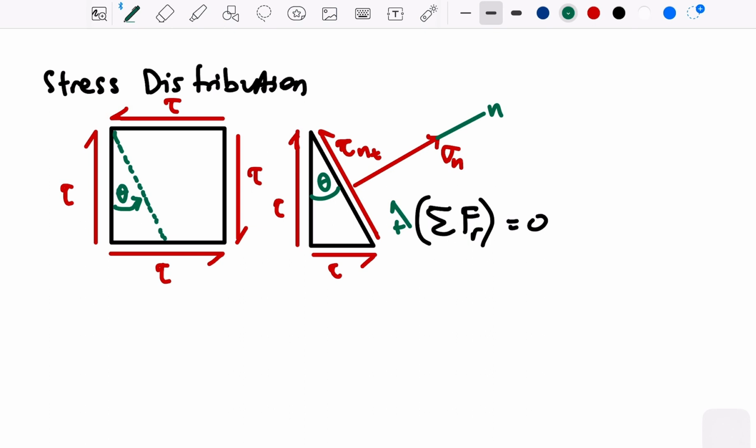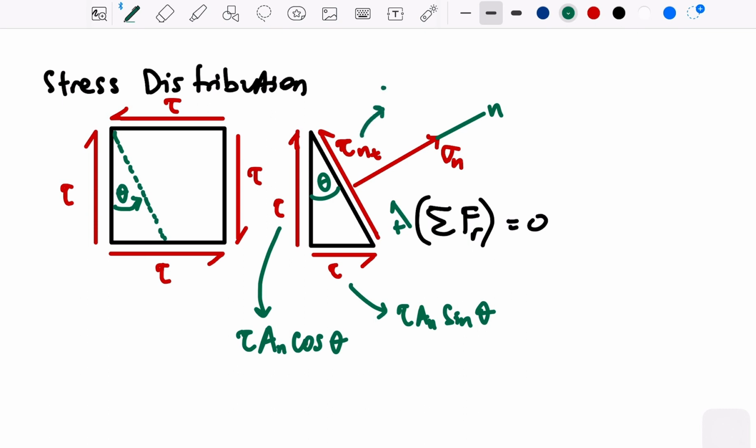Based on the angle, we can rewrite this tau as tau n cosine theta and this as tau n sine theta. And this we can rewrite as tau n, and this can be written as sigma n.